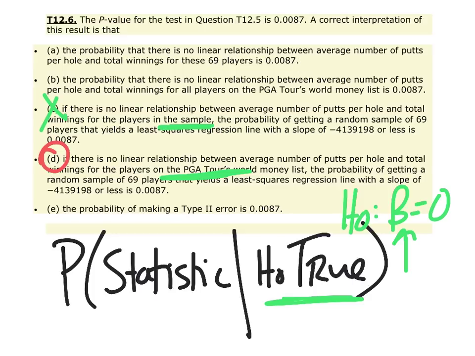Part B, the probability there's no relationship between average number of putts per hole and total winnings for all players, so that's good, it's the population, is this. But it's missing this or a value more extreme. And then clearly part E, the probability of making a type 2 error. P-value is not type 2 error. Type 2 error is actually related to power.